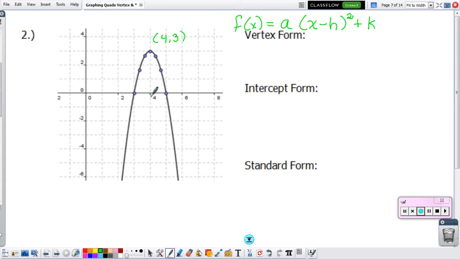We went over 4, up 3. So we can go ahead and plug that into the equation, leaving a little space for a. So it's going to be x minus 3. I did it again, I apologize. x minus 4 plus 3. And I'm not going to forget my squared right there.